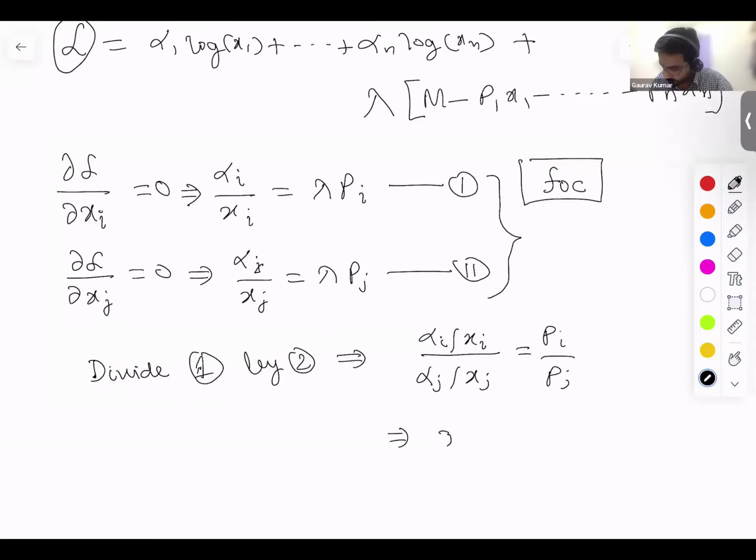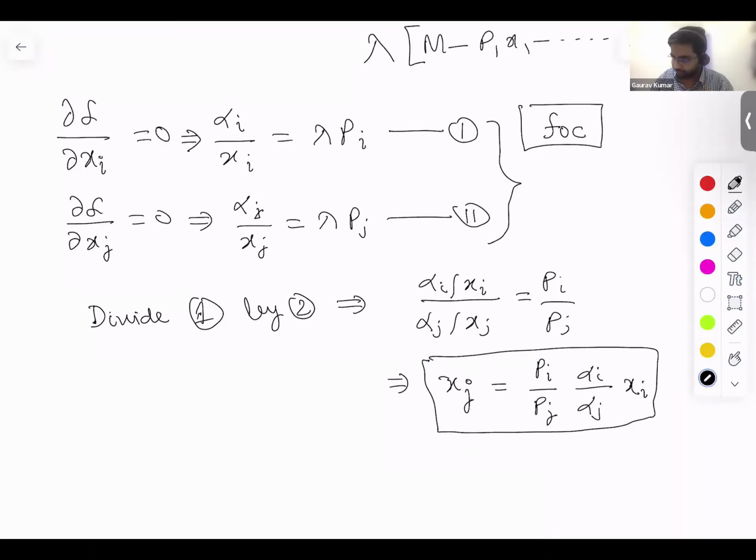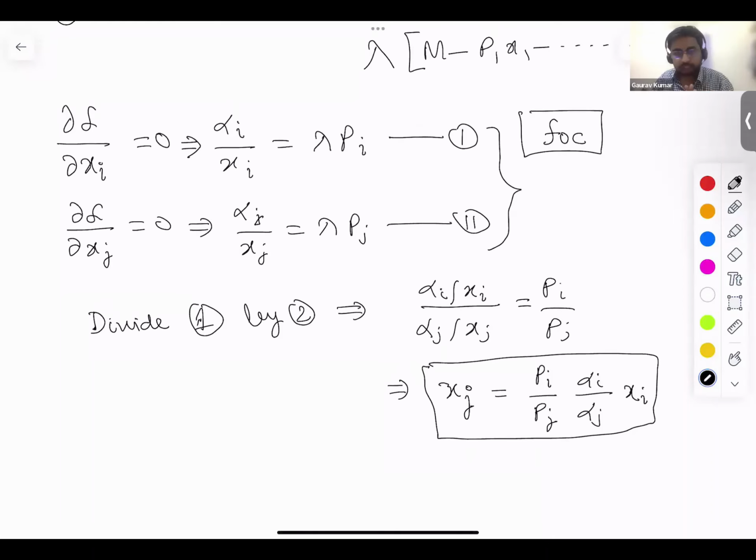So let's write xj is equal to pi by pj into alpha j by alpha i into xi. This is a representation of xj as a function of xi. This is the condition you have derived from your FOC, equation 1 and equation 2.